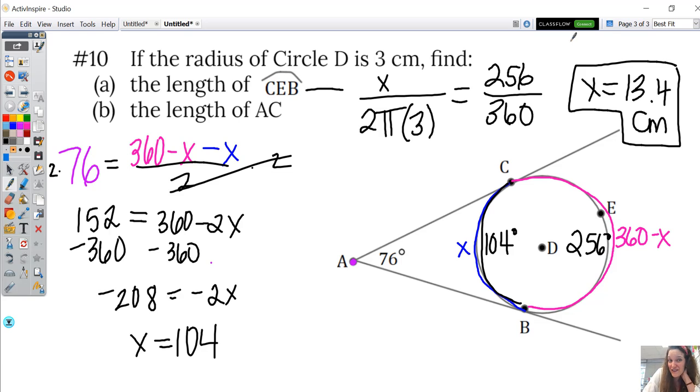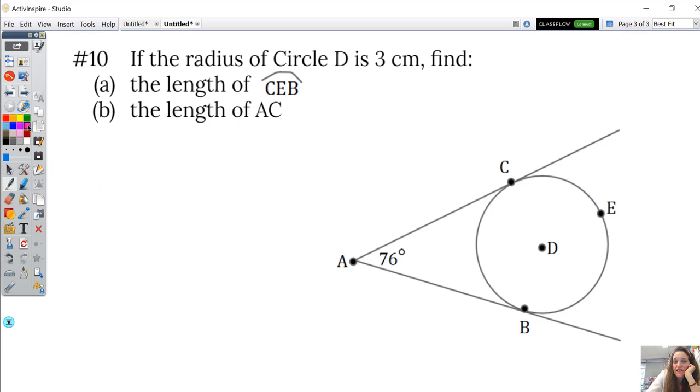So now things get exciting for part B. Okay, so in part B, we want to find the length of AC. So AC is this tangent, and we know that when a tangent meets a radius at the point of tangency, it's going to create a right triangle.